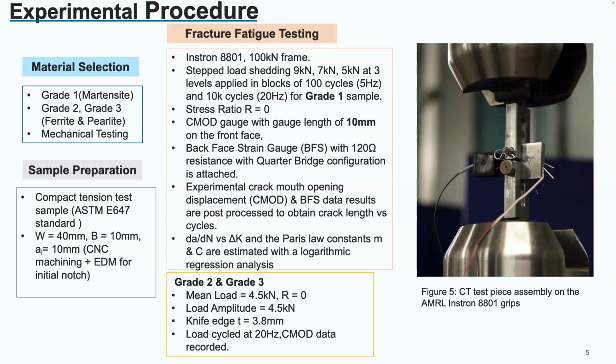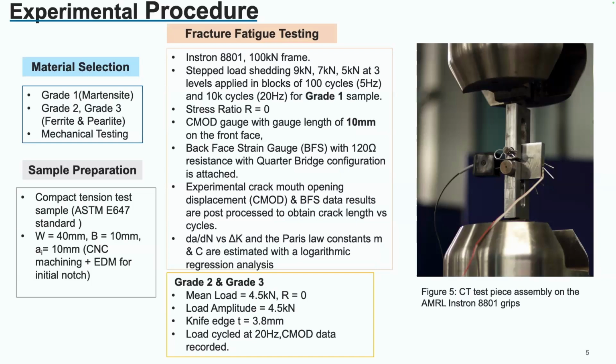We attached a CMOD gauge on the front face, which has a gauge length of 10 millimeter, and the back face was attached with a strain gauge with 120 ohm resistance, in a quarter bridge configuration. Once the experiment was completed, we compared the experimental crack mouth opening displacements with the back face data, and those are processed to obtain the crack length versus cycles.